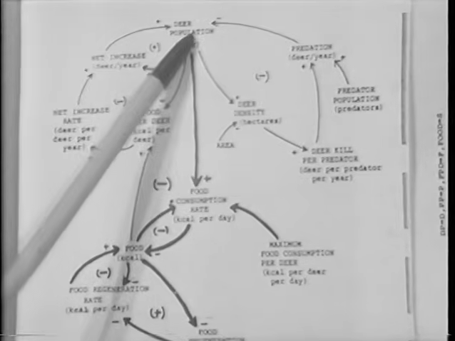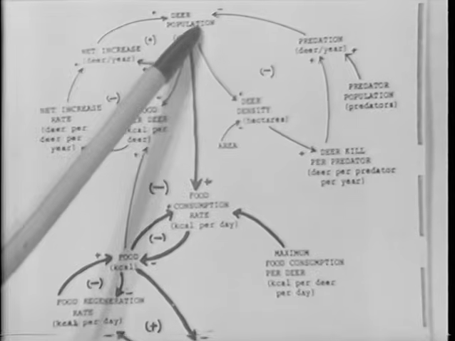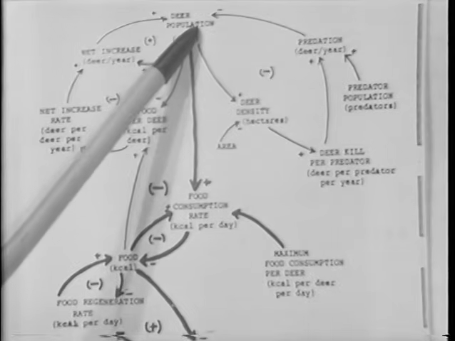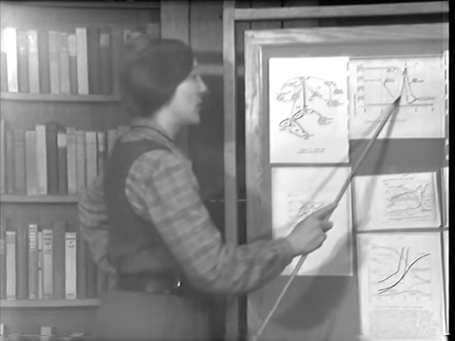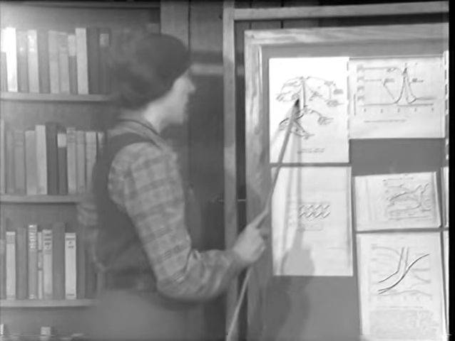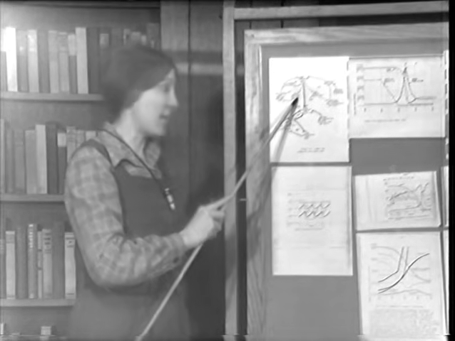And eventually, this net increase here has to become zero, and the deer population is again held in equilibrium. Now, that explanation I just gave you would lead to a sigmoid growth of the deer population and final leveling off as the food per deer gets down toward 1,000 calories per deer per day.